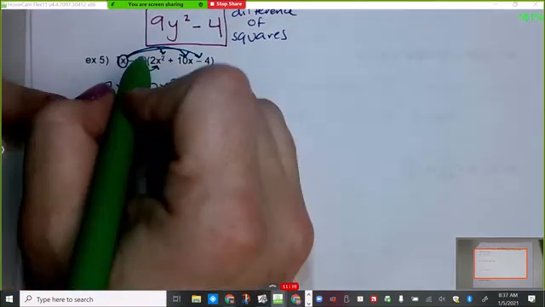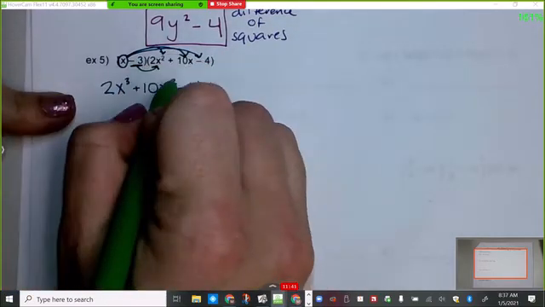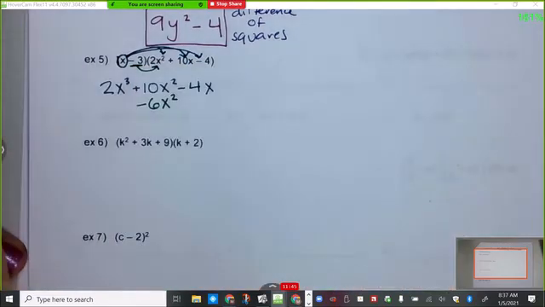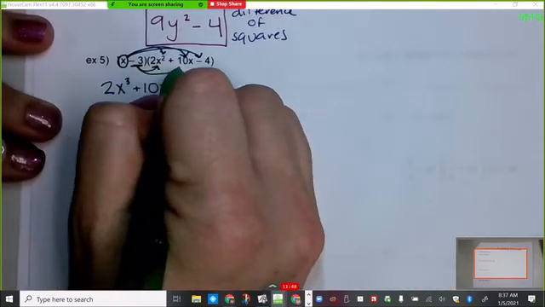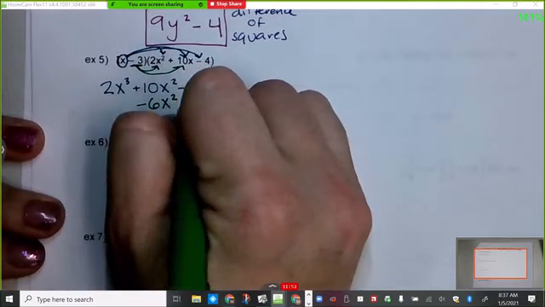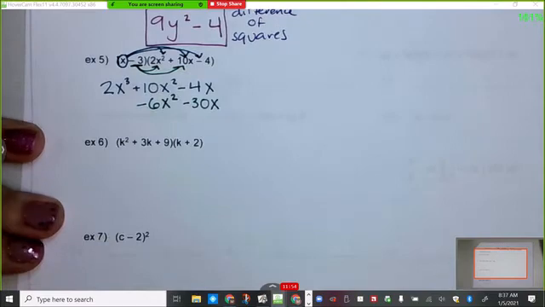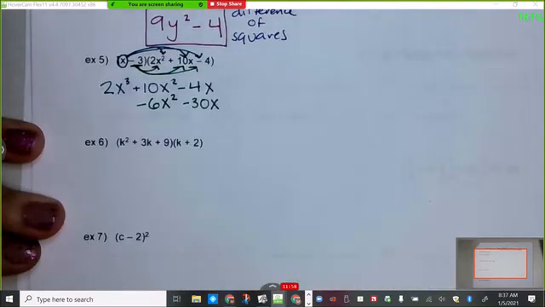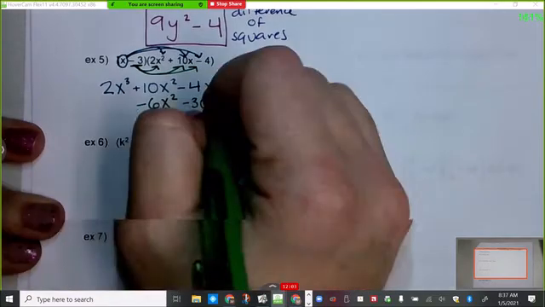So I said negative 6x squared, so I'm going to put it under the other x squared. Then I have negative 3 times 10x, which gives me what? Negative 30x. See how it lines up with its like term? And then I have negative 3 times negative 4, which gives me what? Positive 12.